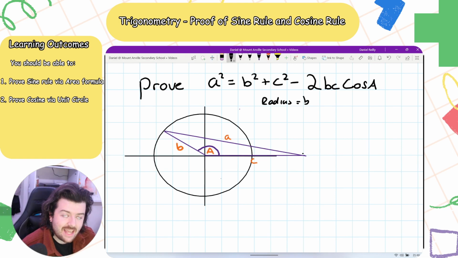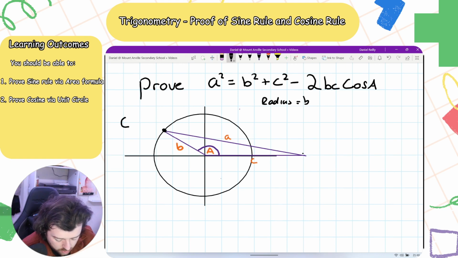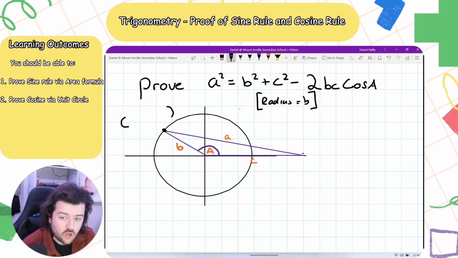Now let's fill in some coordinates that we know. Remember it's a unit circle, so I can write the coordinates of a point on a unit circle with cosine of my reference angle as my x-coordinate, and sine of my reference angle as my y-coordinate. Now the one thing you have to be aware of is we scaled up my unit circle by b.